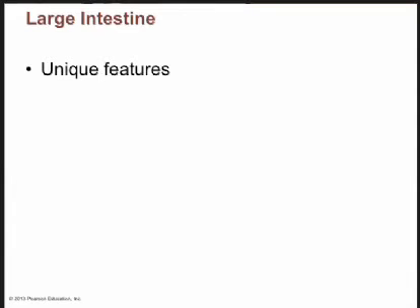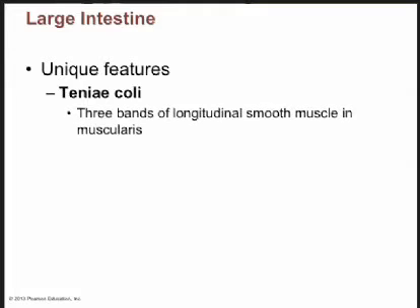In the large intestine, you also have to remember that there are significant numbers of bacteria which degrade our waste products and produce some helpful byproducts as a result of this process, such as vitamin K and certain B-complex vitamins that we absorb into the bloodstream that help with metabolic function and blood clotting, just to name a few. Unique features of the large intestine include the teniae coli, which are 3 bands of longitudinal smooth muscle in the muscularis.